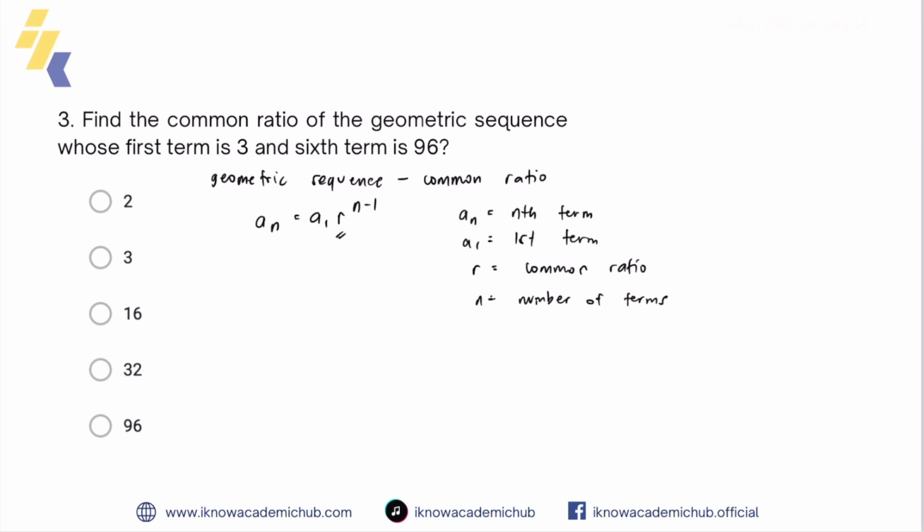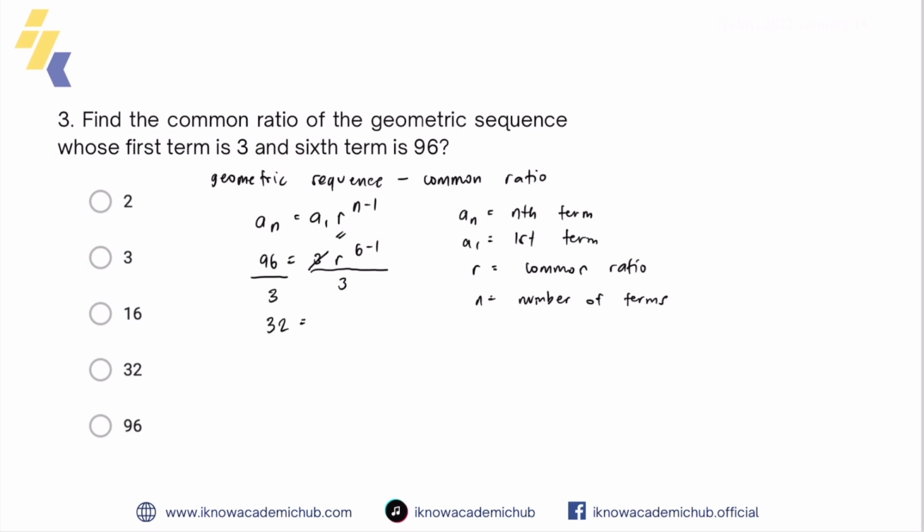So, substituting, we have the sixth term. A sub 6 is 96 equals a sub 1 is 3, r, that's what we're looking for, and n is 6 minus 1. So, we have here 96 equals 3 r raised to 6 minus 1. We divide both sides by 3.